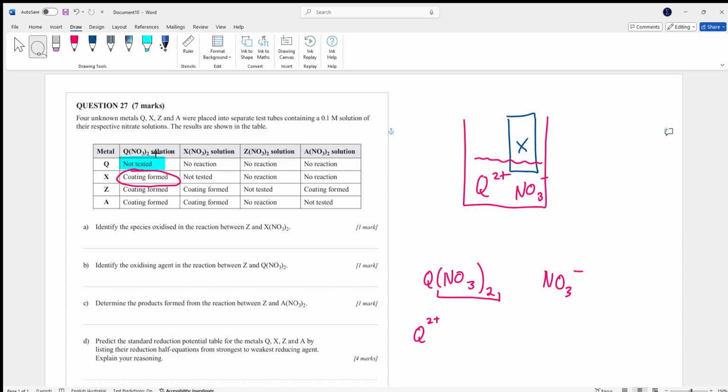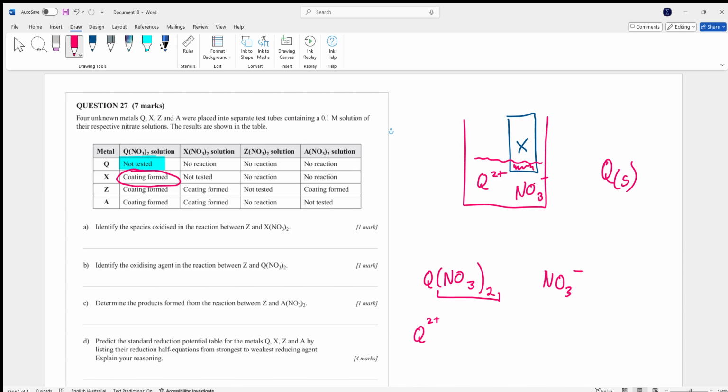When you have QNO3 solution and you have the metal X, coating is formed. What does that mean? Well, first of all, if you have a solid and you put it into there, the coating is not coming from this object here. The coating has to come from the solution here. So what's happening is a coating of Q solid is actually forming on the metal itself.